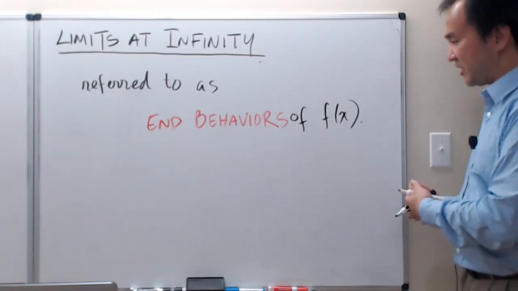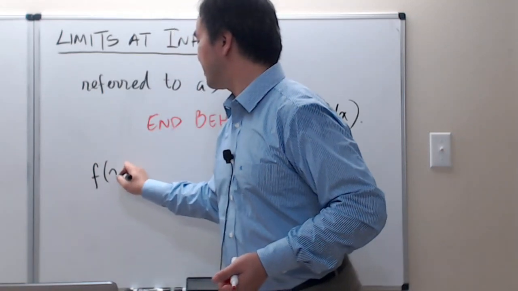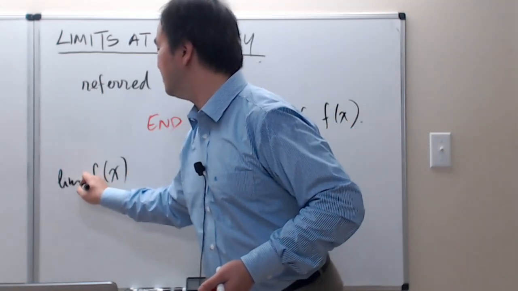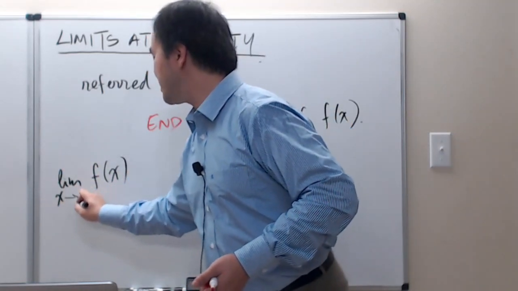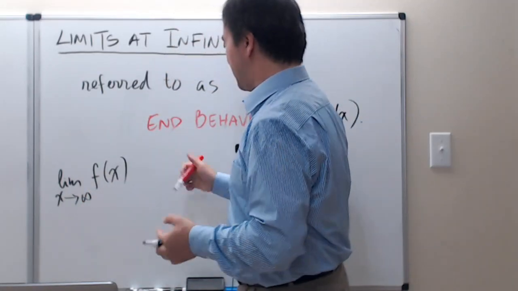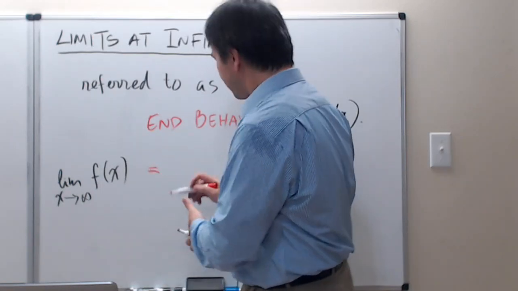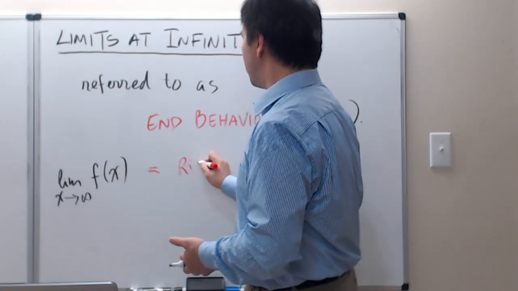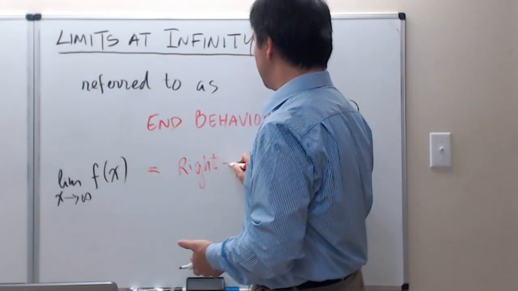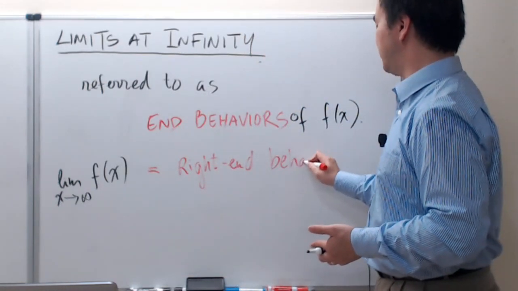And so more specifically, on any function f of x, looking at the limit as x approaches positive infinity, this is a lot of time being understood as the right end behavior.